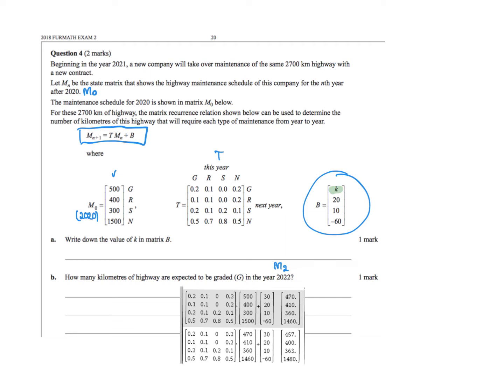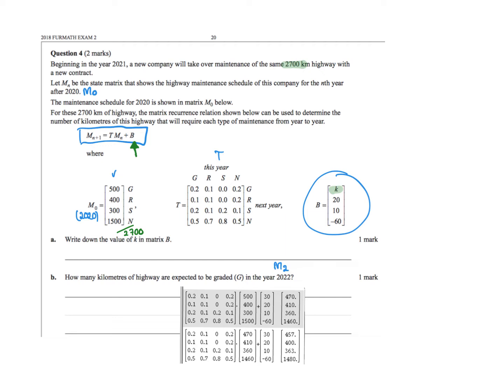Now what we need to know is that in this scenario, we were not losing or gaining any kilometres. So that means our answer always has to add up to 2,700. If we're going to add this extra matrix, it needs to balance out so that we don't gain any more highway.